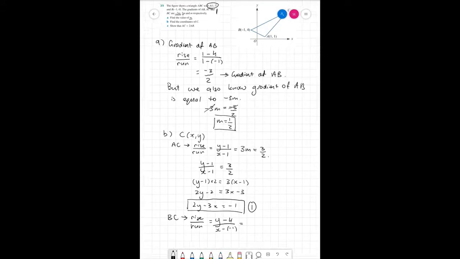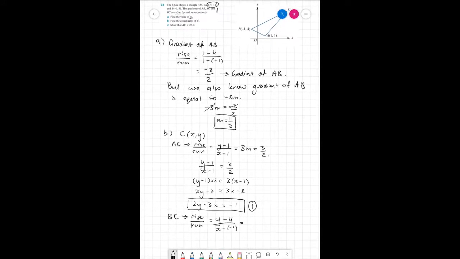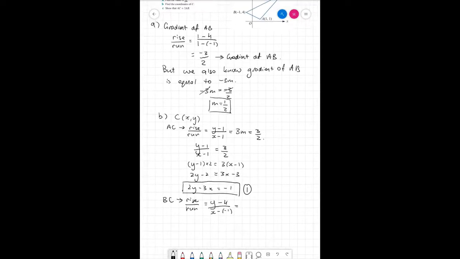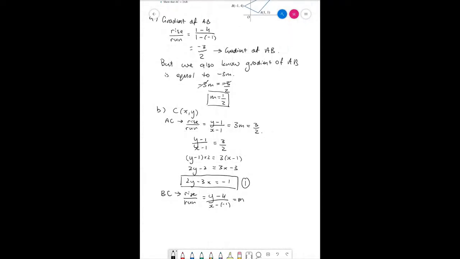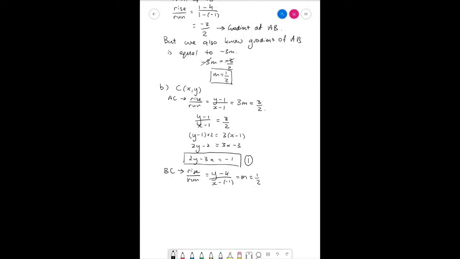And we know that's also equal to m, which is equal to half. Cool. So then we got y minus 4 on x plus 1 is equal to 1/2.